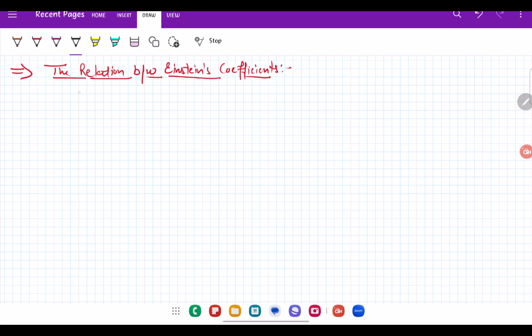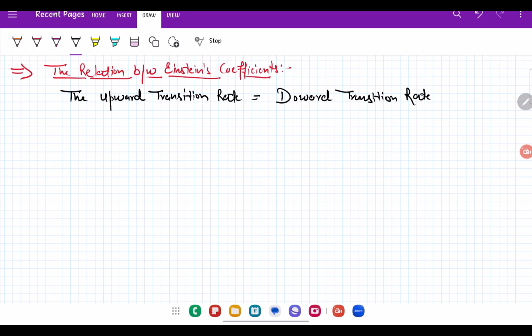Now, according to Einstein, the upward transition rate is equal to the downward transition rate.